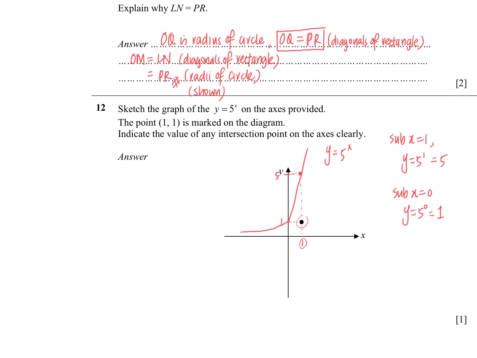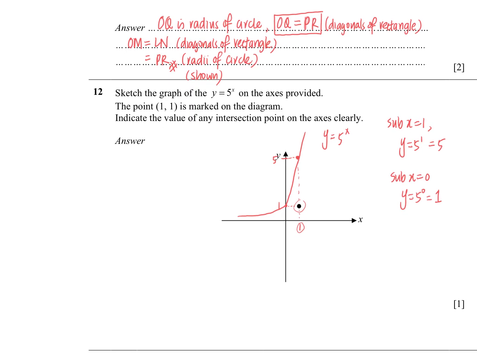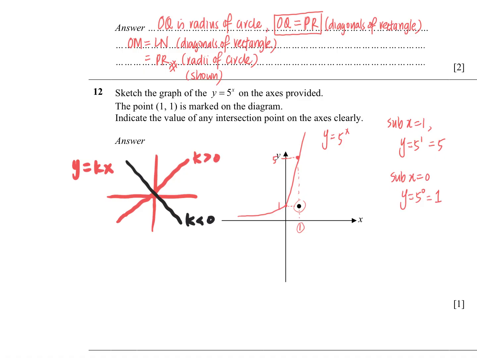Okay, so some graphs that you all need to memorize. y equals kx is the straight line graph, either like that when k is positive, or like this where k is negative. This is your straight line graph. When you have y equals kx squared, then it will be your smiling curve.